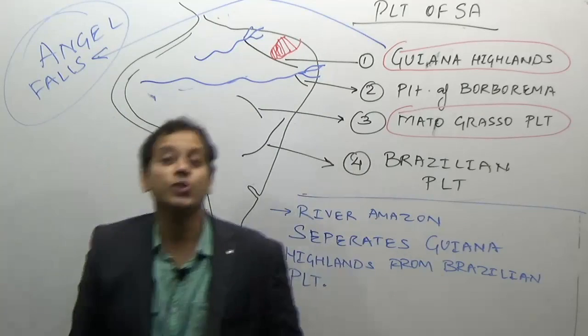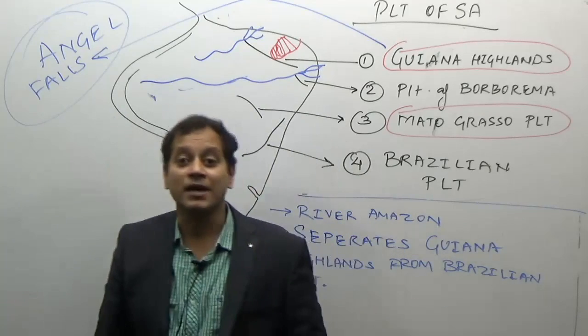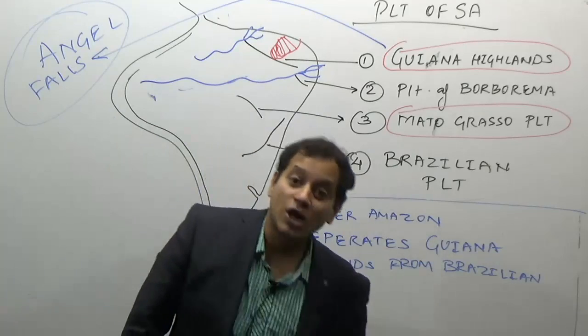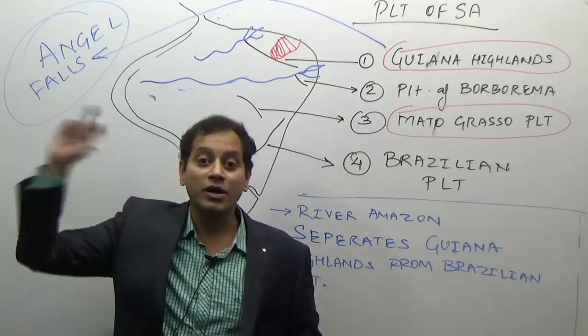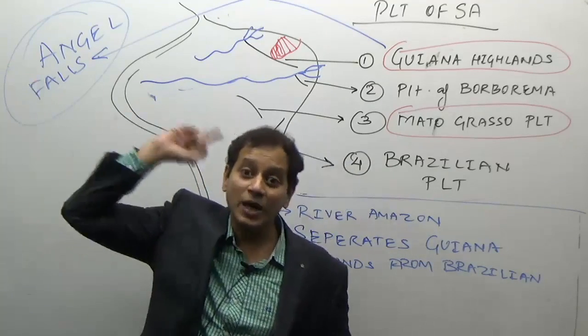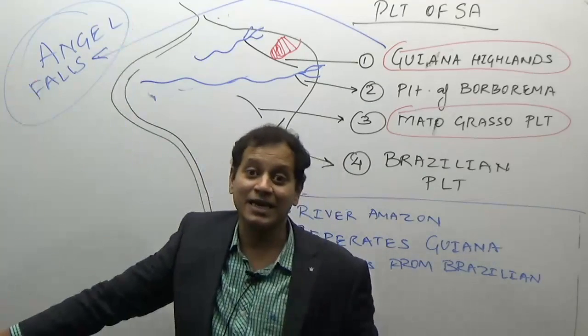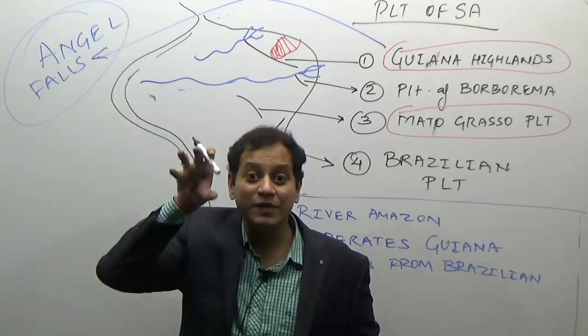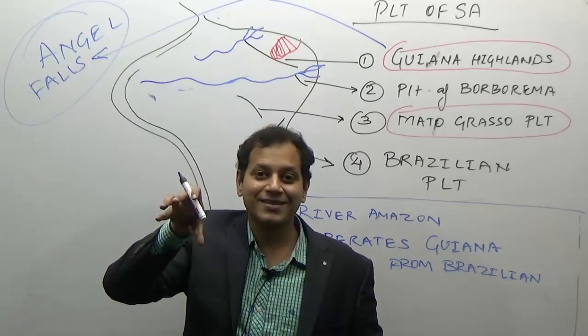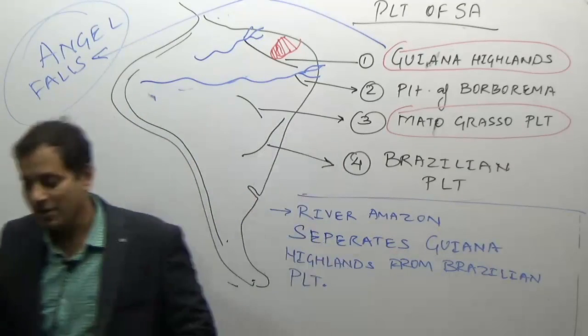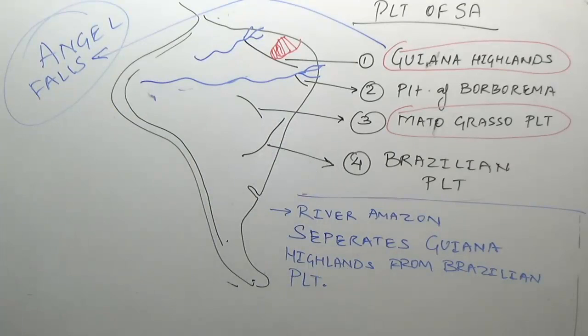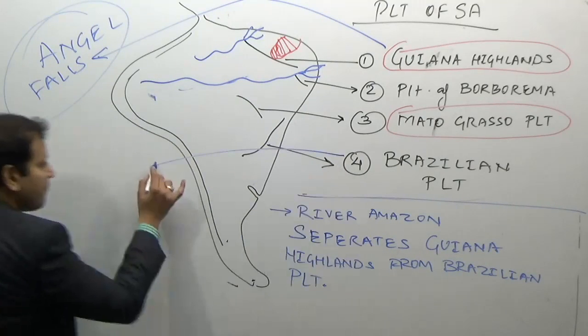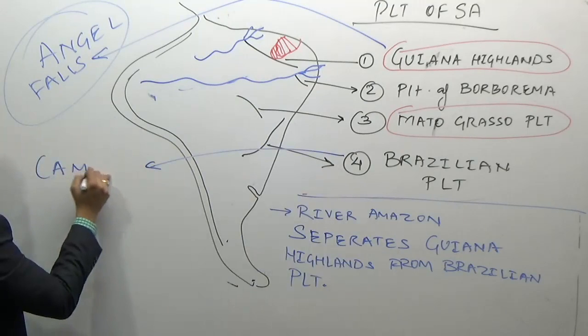So remember, Guiana Highlands is in South America. Angel Falls are on the river Orinoco, the northernmost river. So Guiana Highland is in the north, Brazilian Highland is in the south, and in between there is the Mato Grosso Plateau. And what are these Brazilian highlands? The Brazilian highlands are famous for grasslands known as campos.